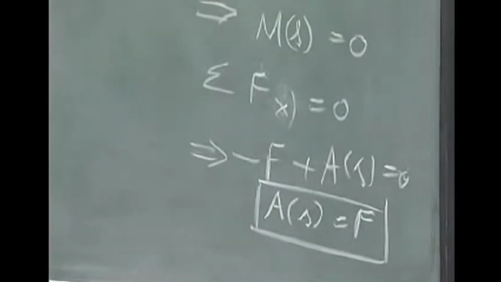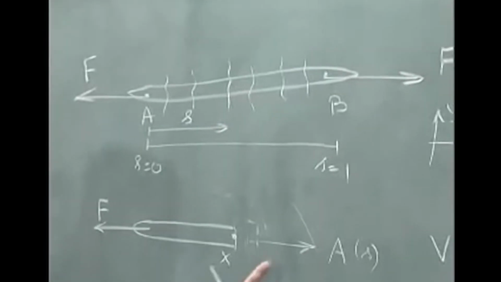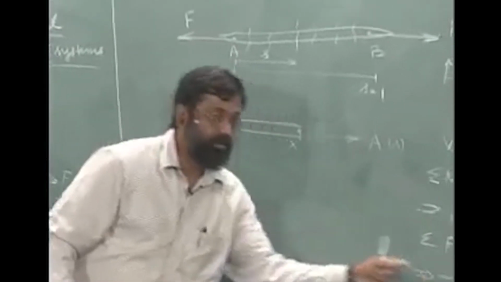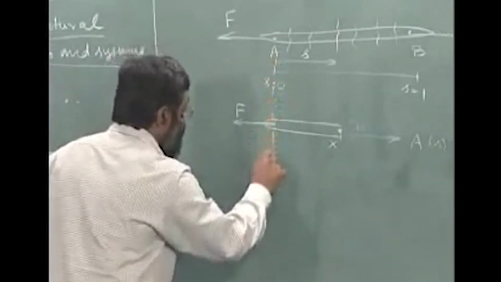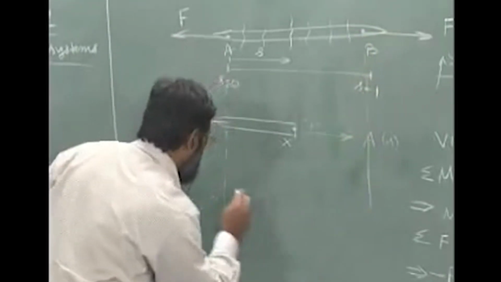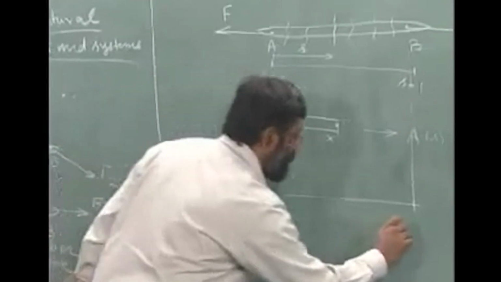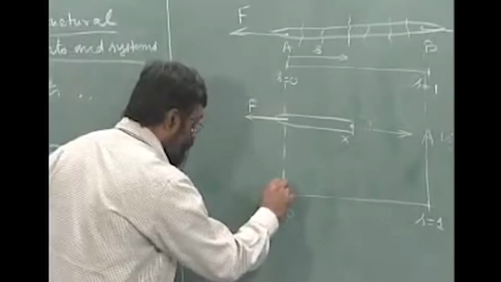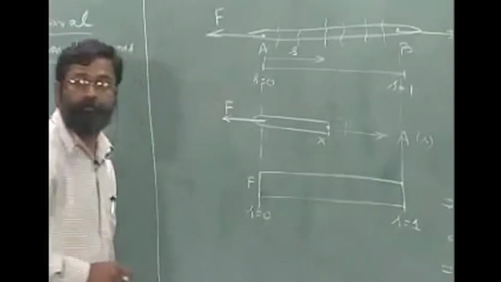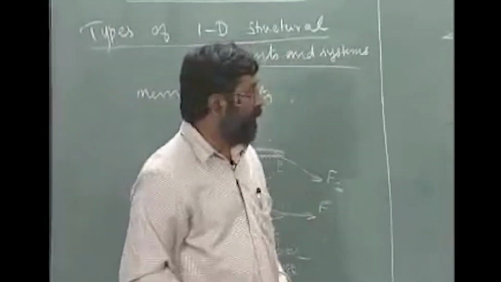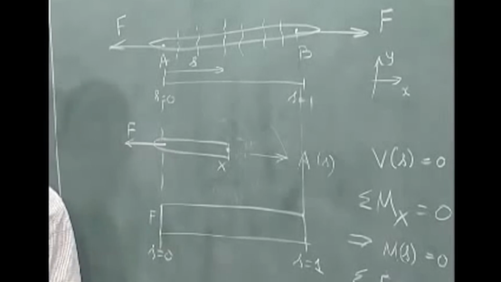It tells me that whether I cut here or cut here or cut here or here or here, the axial force at that S will always be equal to the force that is applied at A. So if I draw the distribution of axial force with S, between S equal to 0 and S equal to 1, I know that it will be a constant value, okay, and this value is equal to F. One other important thing to note here is, should I take this axial force to be positive or negative?